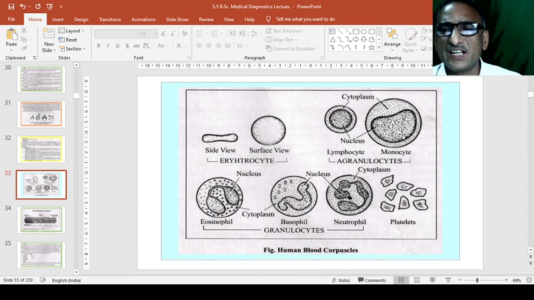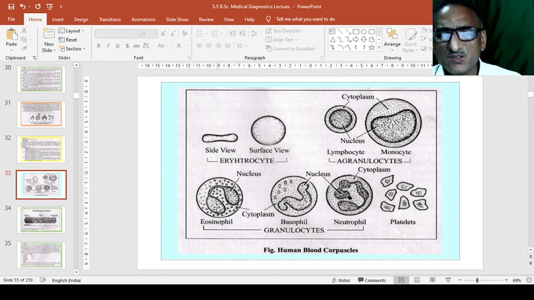Lymphocytes are smaller and monocytes are larger. Lymphocytes have a large bulgy nucleus and very little cytoplasm. In monocytes, the nucleus is bulgy but compressed at one side, with a great space of cytoplasm. In granulocytes, there are three types of cells: eosinophil, basophil, and neutrophil.